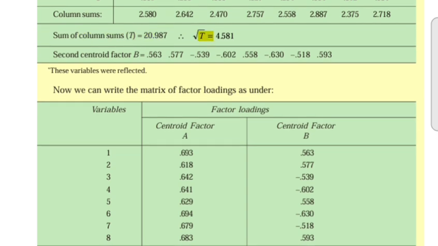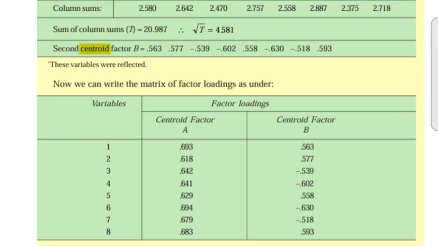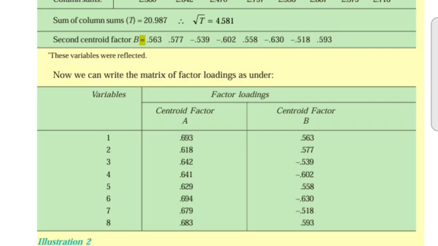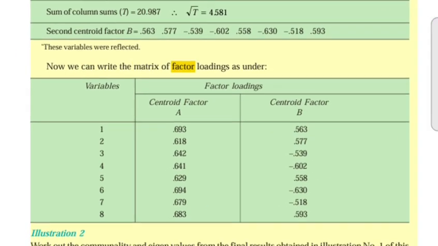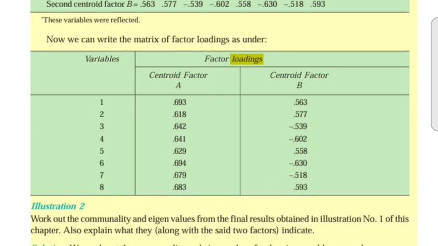The sum of column sums T equals 20.987, therefore the square root of T is 4.581. Second centroid factor B equals 0.563, 0.577, minus 0.539, minus 0.602, 0.558, minus 0.630, minus 0.518, 0.593. These variables were reflected. Now we can write the matrix of factor loadings as under.